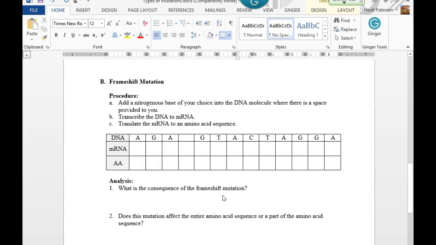So, what I want you to do is deliberately take out the space here. It does not exist anymore. I'm sorry. Add in a nitrogenous base of your choice. It doesn't matter which one. G, C, A, or T. Add something right there.